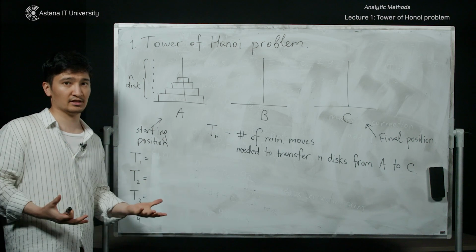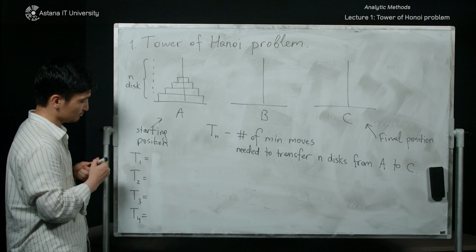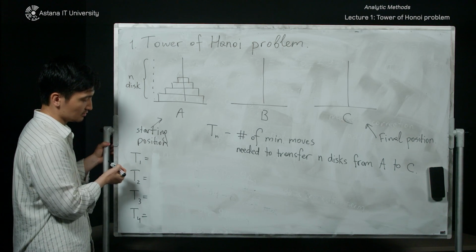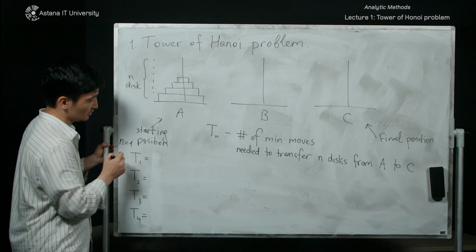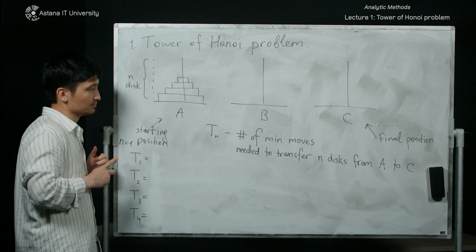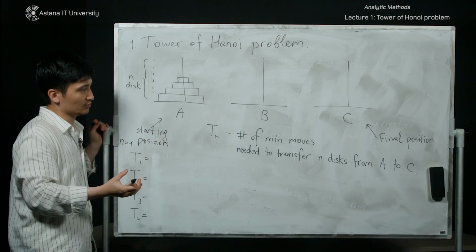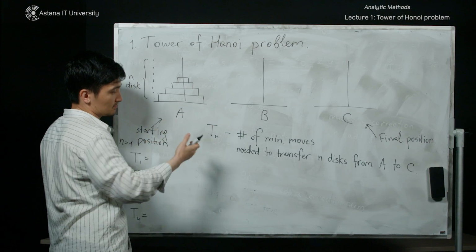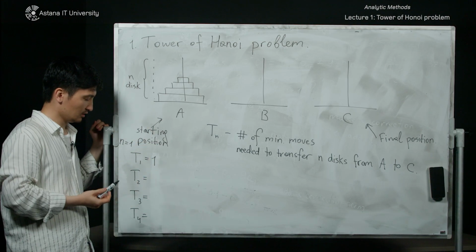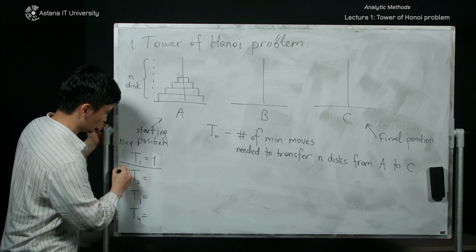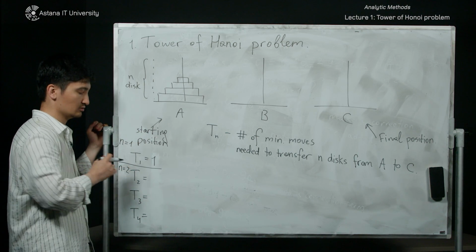Now let's try to play the game. If I play the game for n equal to 1, T1 corresponds to n equal to 1, which means we have only one disk. How many moves should you make to move one disk from A to C? Obviously only one. Now what about if you have two disks? This corresponds to T2.